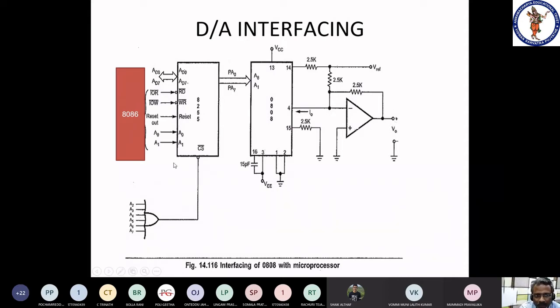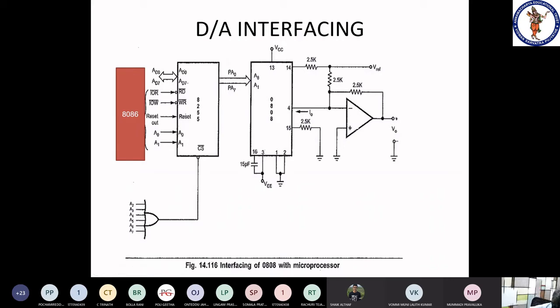Now coming to the connections between 8255 and 0808. This is an 8-bit digital to analog converter, meaning it accepts 8-bit digital data and converts it into the respective analog waveform. For 8-bit data sent from the 8086 processor through 8255, you should be able to identify how many ports are required.